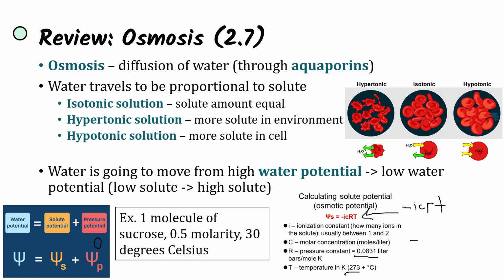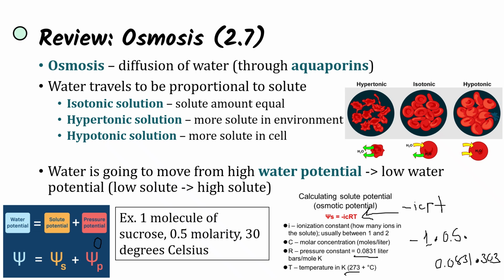Negative i, the ionization constant. Sucrose isn't going to split up into any ions, it's just a carbohydrate, so the ionization constant is 1, times our molar concentration of 0.5, times our pressure constant of 0.0831, and then lastly our temperature in Kelvin, which is going to be 273 plus the degrees in Celsius, which comes out to be 303 degrees.